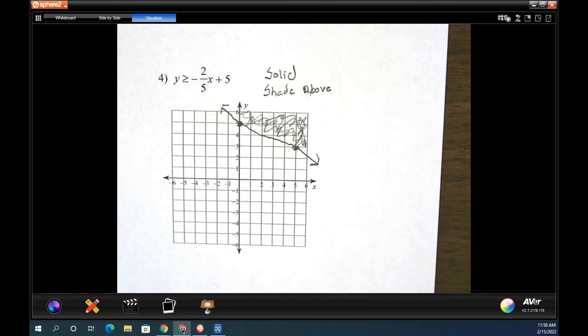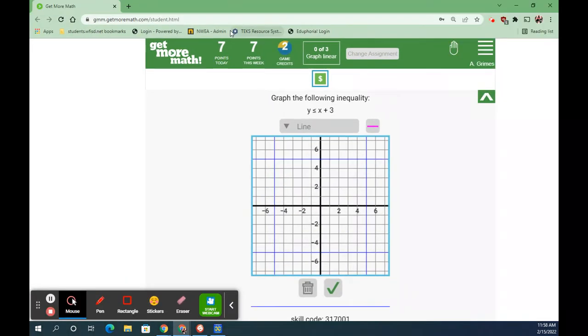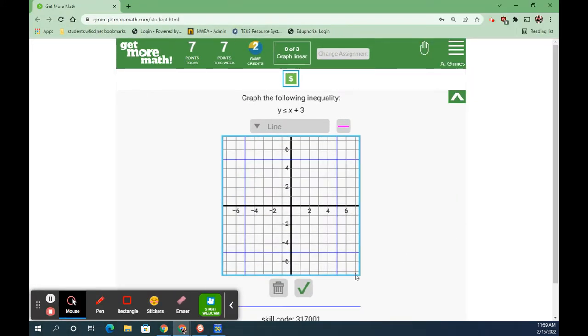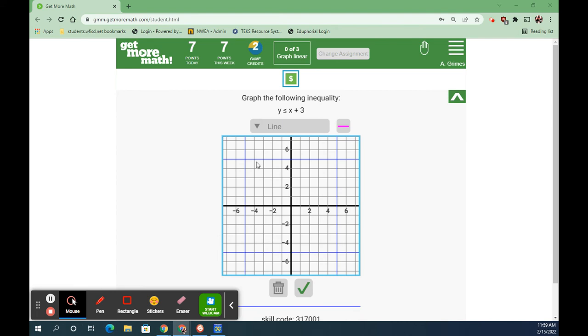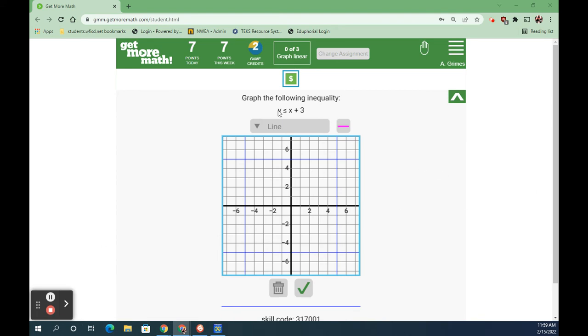Now, I want you to look at this. I'm going to go through this again. Here's the deal. Graph the following inequality. Y is less than or equal to x plus 3. Now, you can work backwards here.